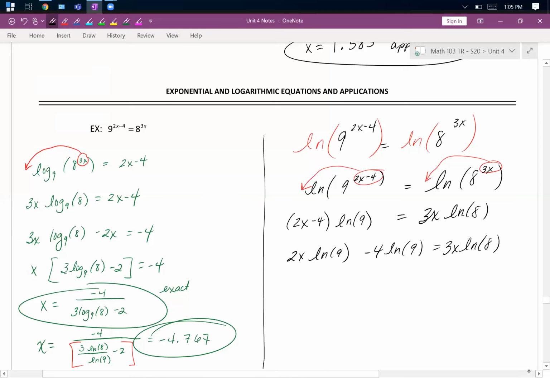We need to get all our terms containing an x on one side. So let's move that 2x natural log of 9 over to the right. That'll give us -4 times the natural log of 9 equals 3x times the natural log of 8 minus 2x times the natural log of 9.